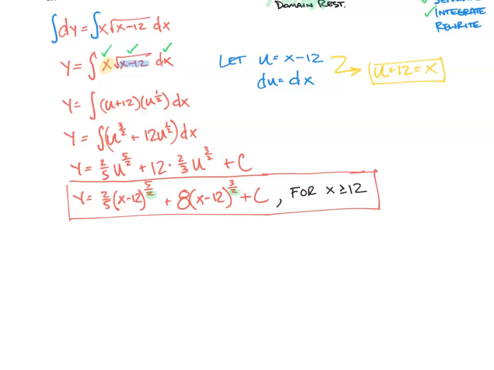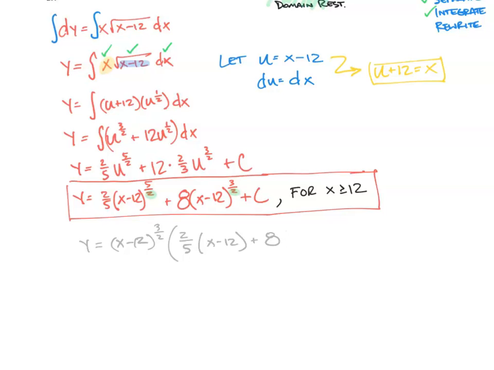So what they did in WebAssign was they factored out an x minus 12 to the 3/2. And that would leave here a 2/5 times x minus 12 plus 8, times, well, x minus 12 to the 3/2 was already factored out, so there's nothing else there.